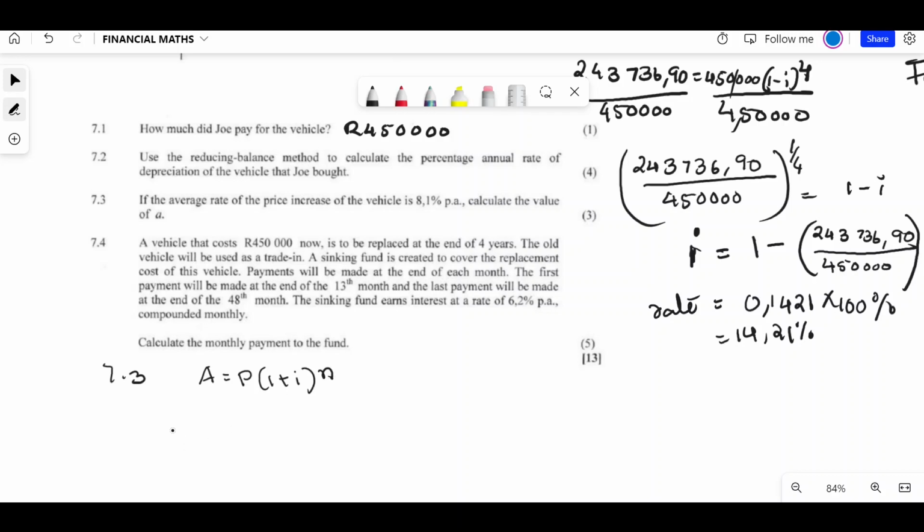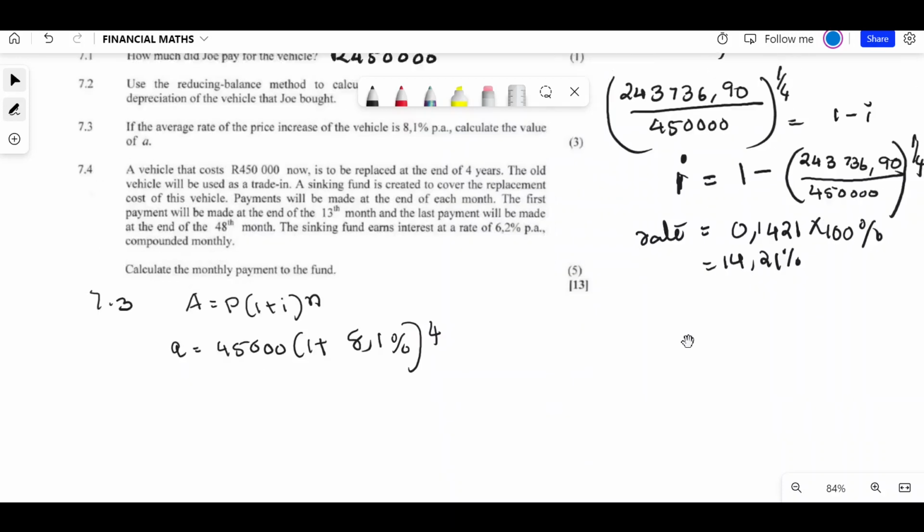A is the amount that we don't know, the price in the future. P is 450,000. 1 plus the inflation rate is 1 plus 8.1% for 4 years.